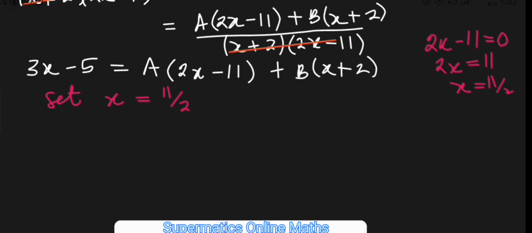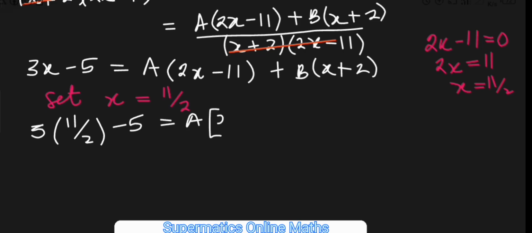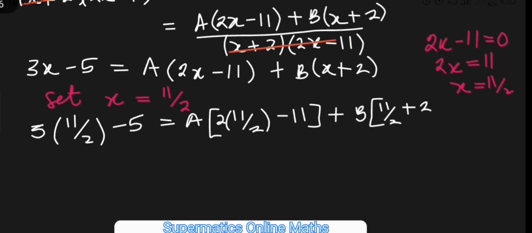And we substitute the value of x, 11 over 2, into the equation, which is 3 times 11/2 minus 5 equals A times (2 times 11/2 minus 11), plus B times (11/2 plus 2). So that we have 33/2 minus 5 on the left hand side.